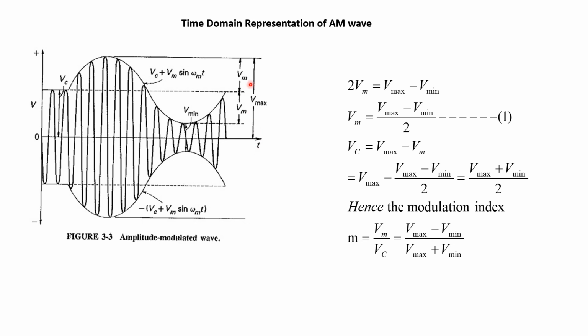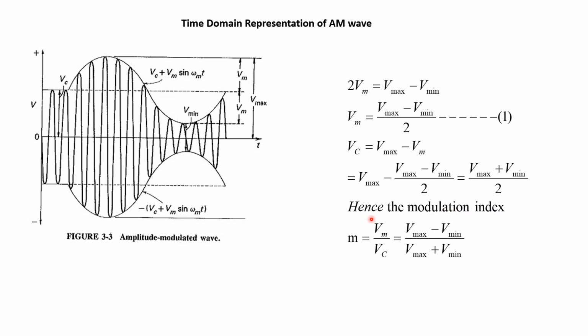Now in this equation, if we replace Vm by its value from equation number 1, then Vc, the amplitude of the carrier wave, will be V maximum minus (V maximum minus V minimum) divided by 2, and if it is simplified, it gives us the value (V maximum plus V minimum) divided by 2.